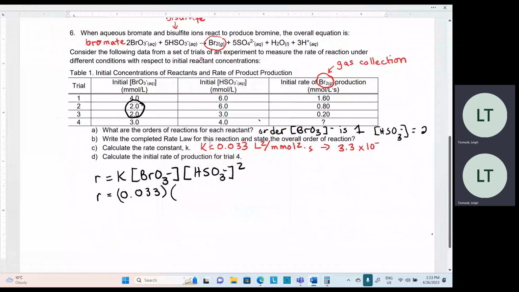So we have 3.0 as the concentration of bromate, and 4.0 as the concentration of bisulfite. You gotta square it.